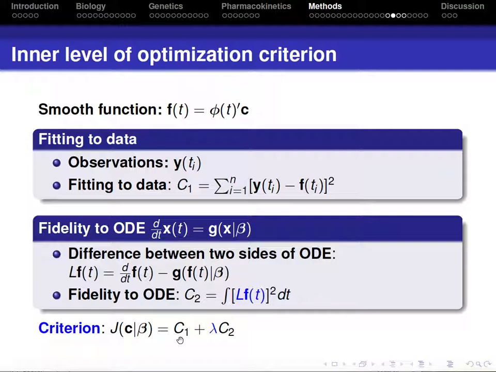We put these two criteria, C1 and C2, together, and we add a tuning parameter lambda to control the trade-off between fitting to the data and the fidelity to the ODEs. Here, we can look at the connection between this method and the smoothing splines. Recall that when we do the smoothing splines, we actually have exactly the same form.